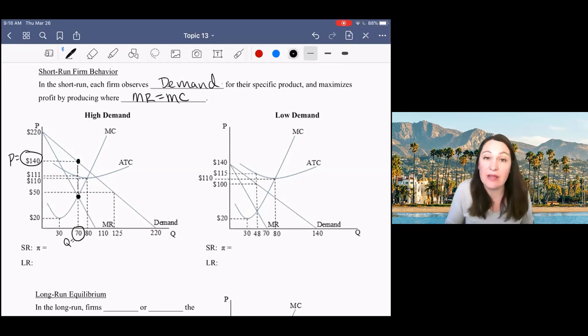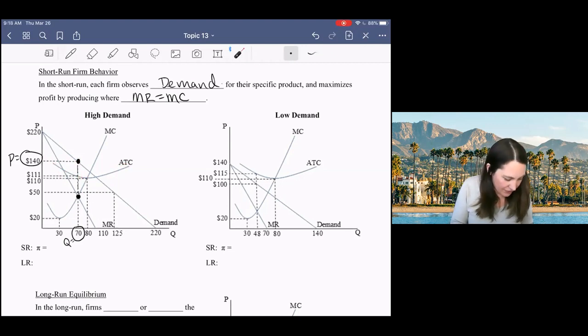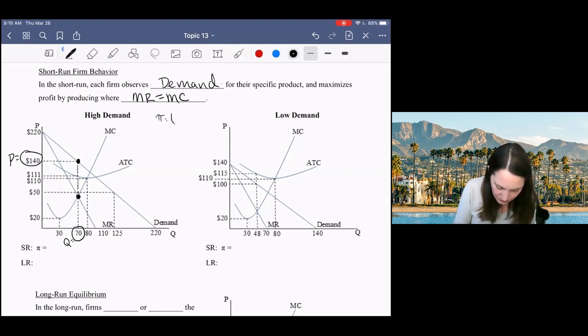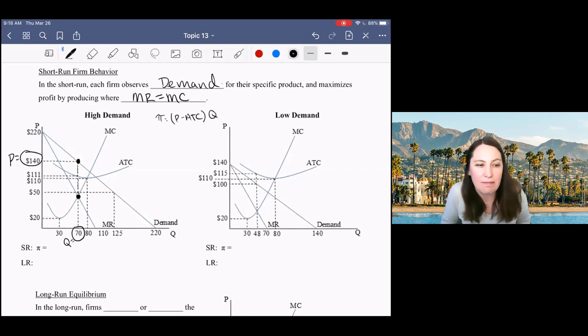And this firm is going to be earning positive profits. And I know that because my price here at 140 is higher than my average total cost curve. Remember that we can calculate profit as price minus average total cost times quantity.